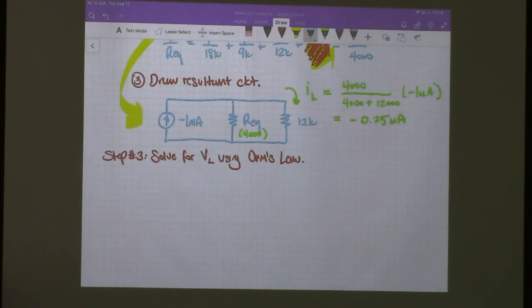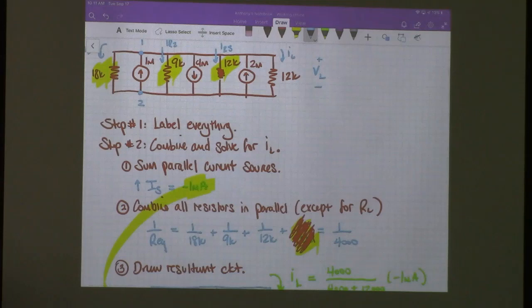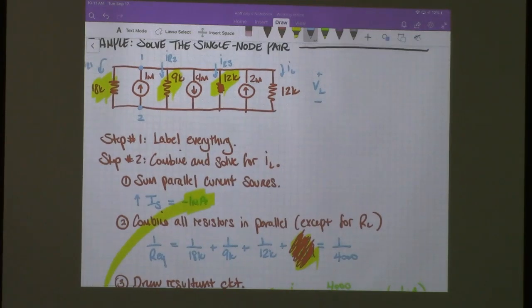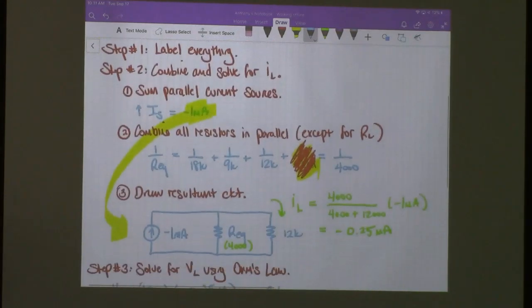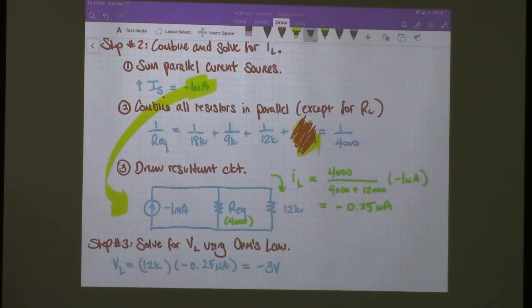We know that VL will be equal to 12 kiloohms times negative 0.25 milliamps, which gives us negative 3 volts. And then you could go back and calculate the other values. You could calculate IR1, you could calculate IR2, IR3 by simply using Ohm's Law.